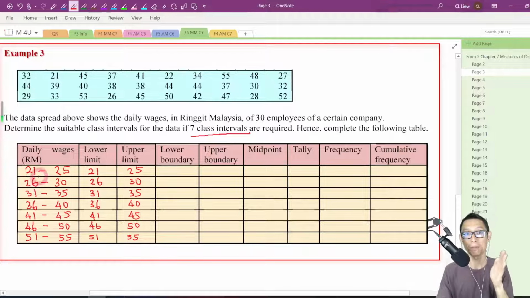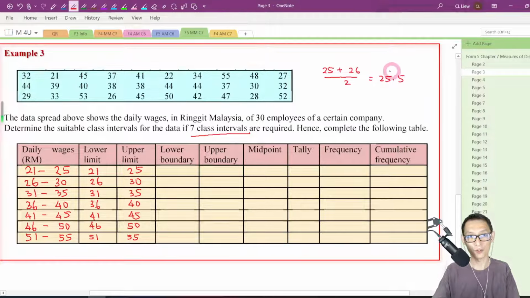We want to find the boundary. So 25 plus 26 divided by 2, you will get 25.5. So the lower boundary of this class interval will be 25.5.